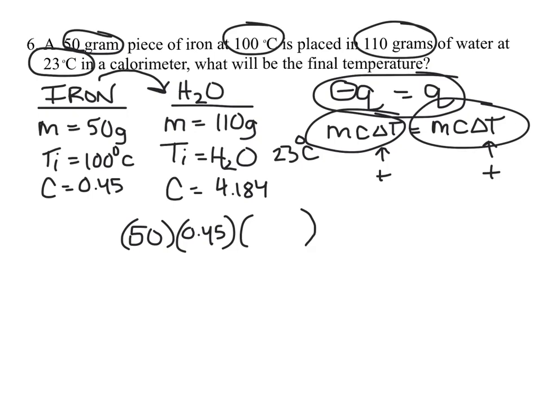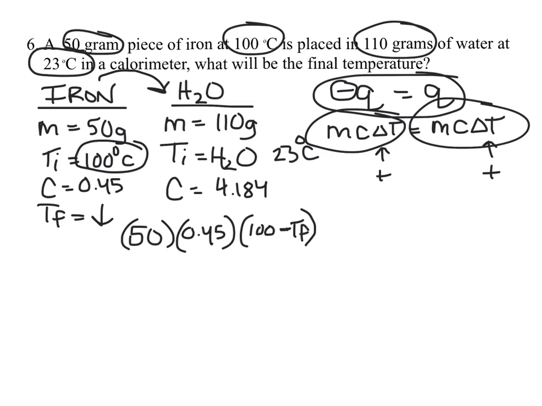Now, iron, remember, is hot and will end up having a final temperature that is lower. It'll be cold. In order to subtract either initial minus final or final minus initial, we want it to end up being positive. So that's why we would take the initial temperature, 100, and subtract from it the final temperature that we know is less.